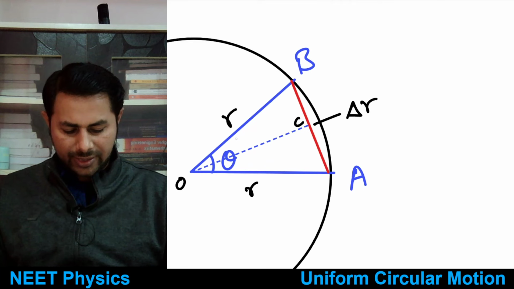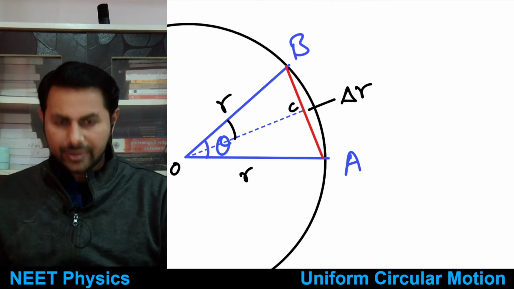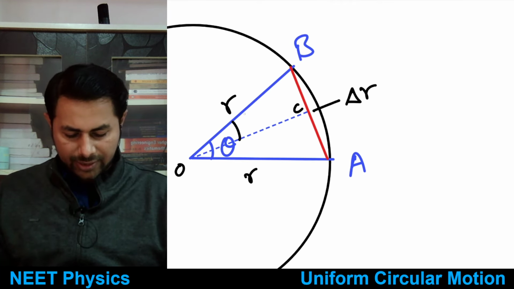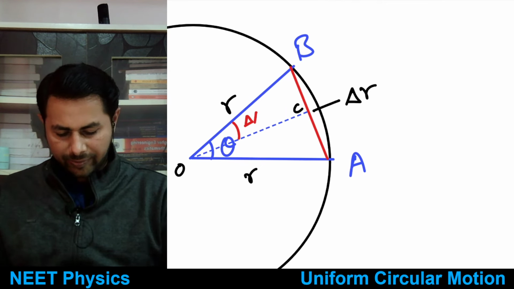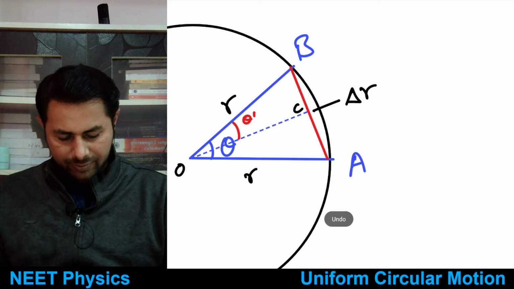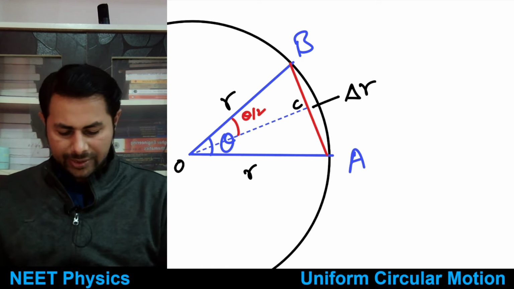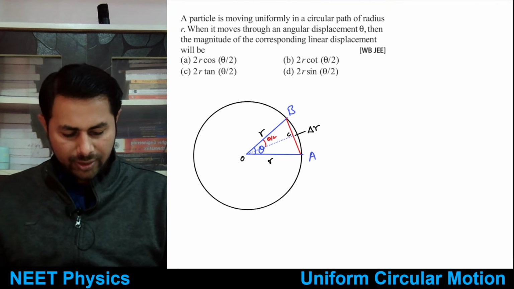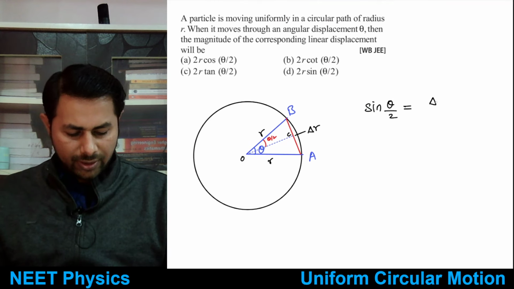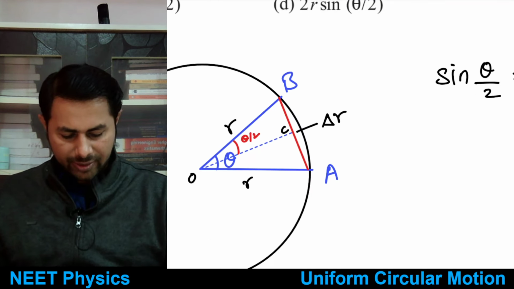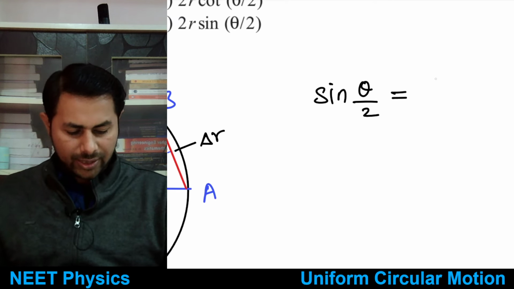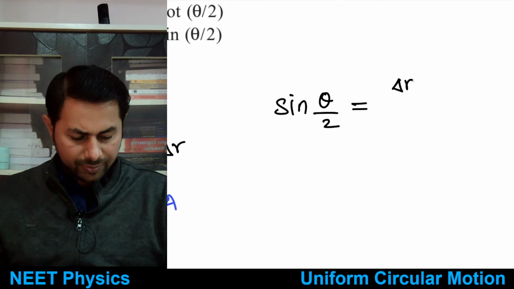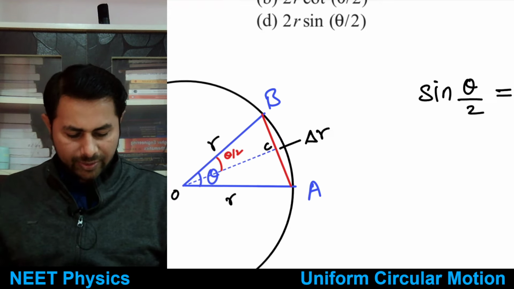You can take this angle, this is theta by 2, right? See, this angle is theta by 2. If you take sine of theta by 2, what do you get? It's equal to the opposite side, which is BC, or you can say delta r divided by 2, divided by the hypotenuse.